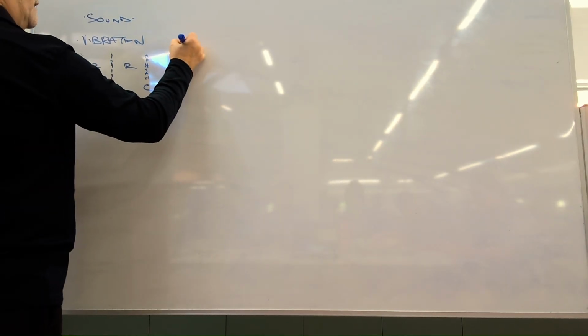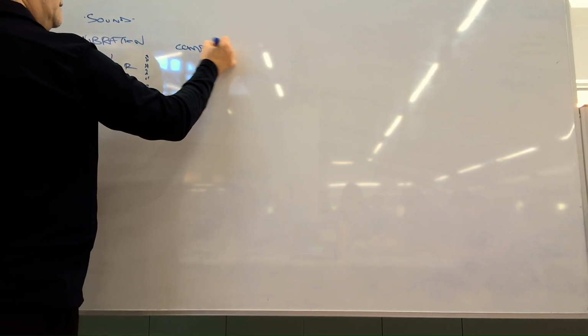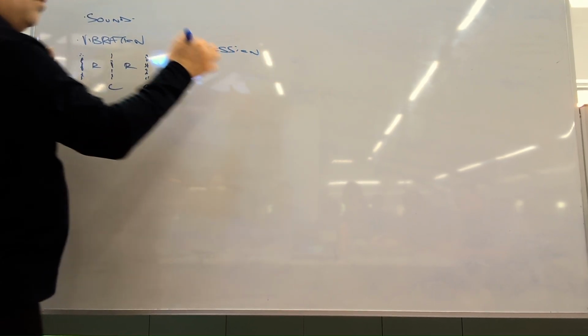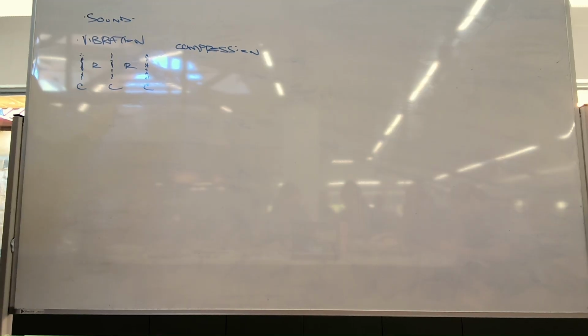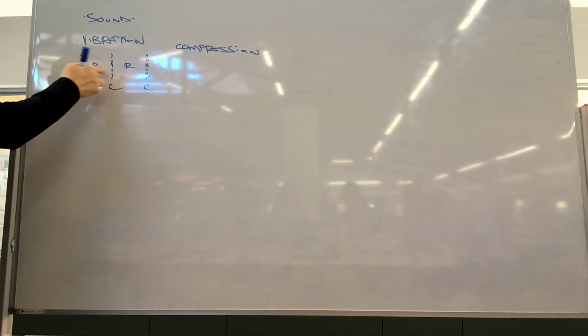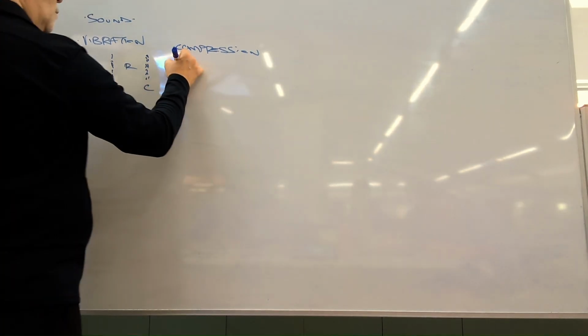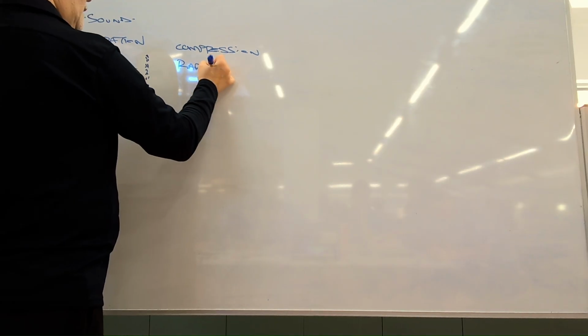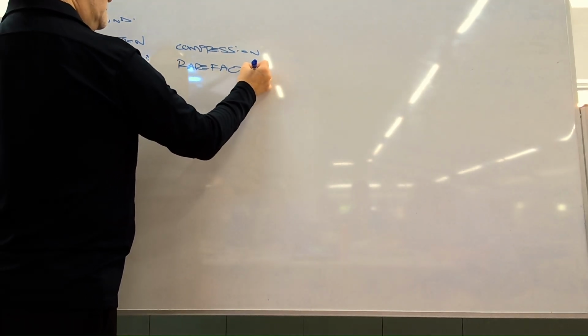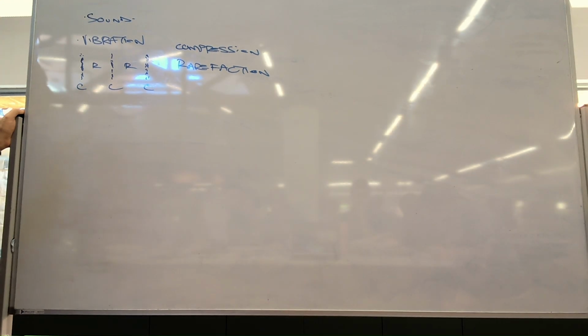In between the compressions there are spaces where the particles are less close together, so they're a lower pressure, and we call that a rarefaction. Now, because it's mechanical, it requires particles to move. So which type of matter has the particles closest together?